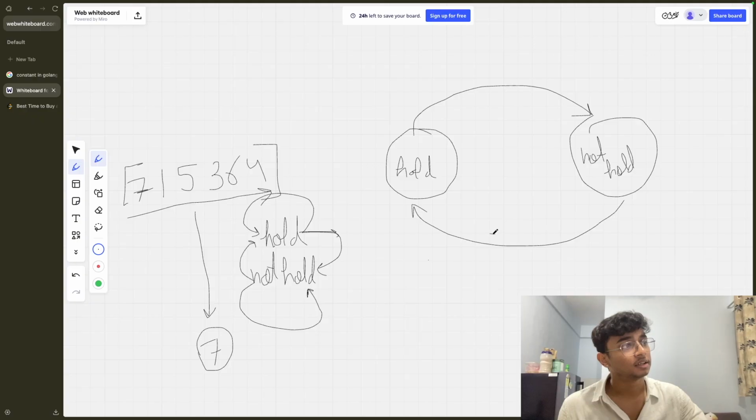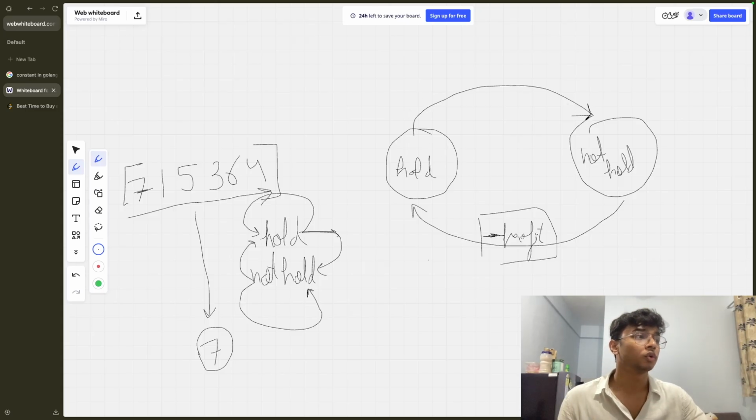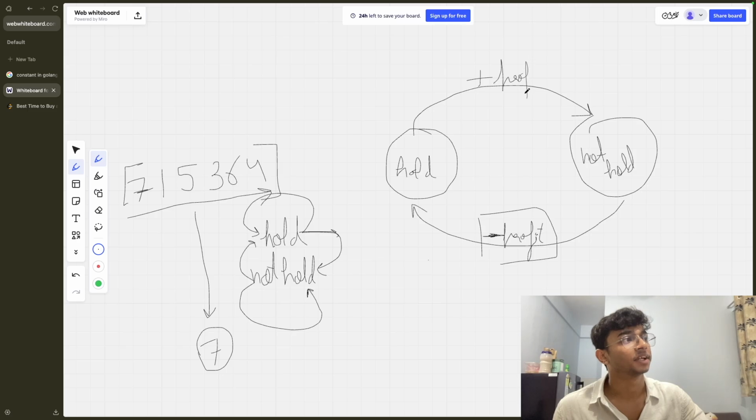So that will be getting out of your profit. You are actually paying money to buy something, so your overall wallet is decreasing. And whenever you're going from hold to not hold state, your profit is actually increasing because you are selling something away and you are getting money from it. And that's it. So that's your problem.